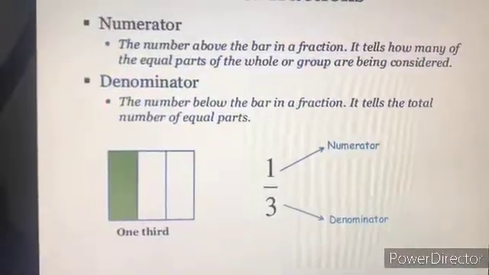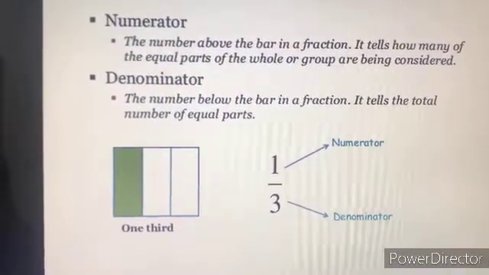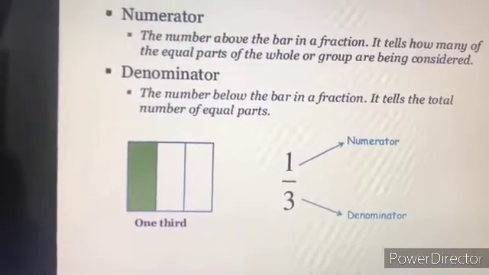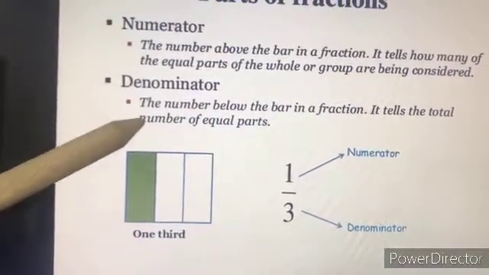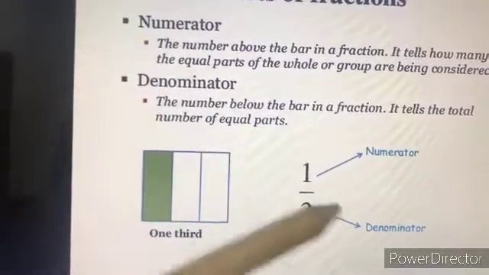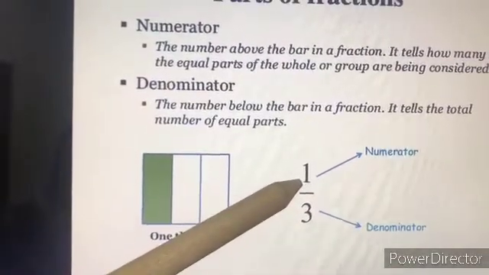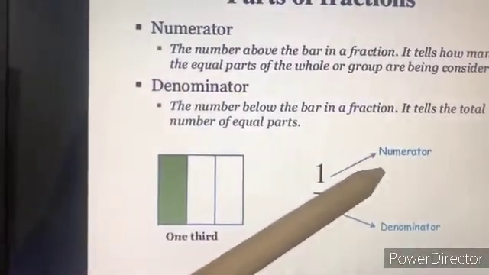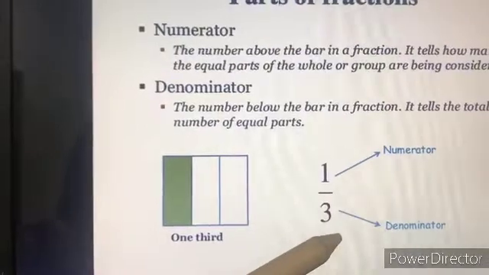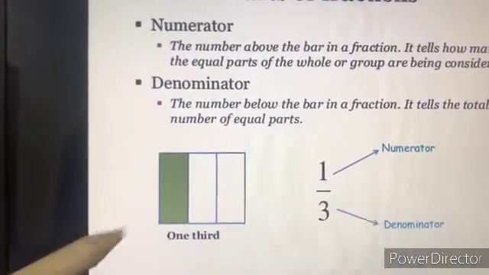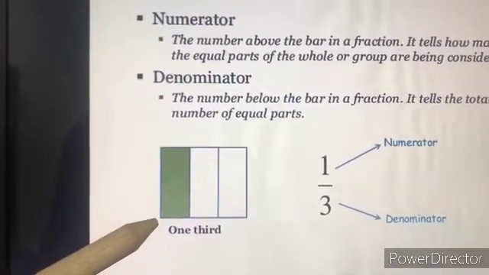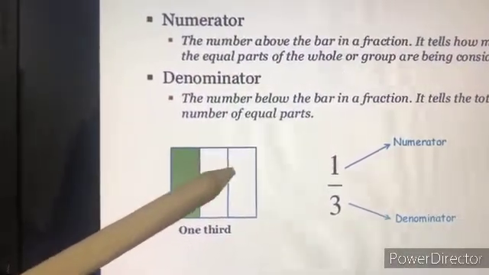Let's again talk about the parts of a fraction. There are two parts of a fraction, numerator and denominator. The upper part of a fraction is known as the numerator, and the lower part of the fraction is known as the denominator. See this. How many equal parts are here? 1, 2 and 3.